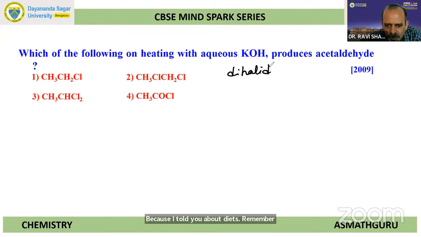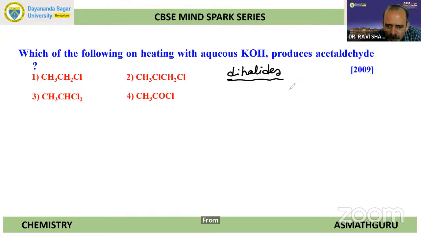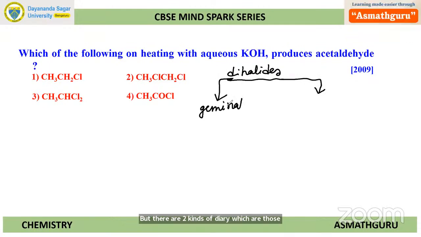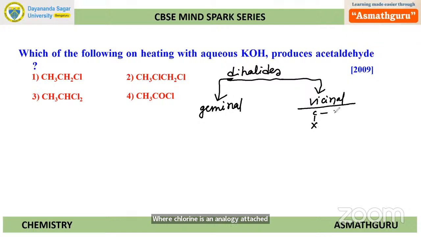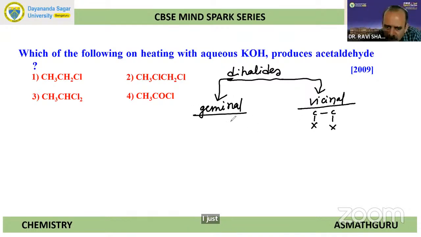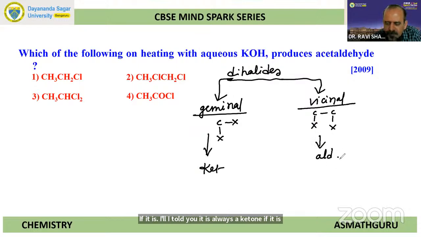From dihalides we can obtain aldehydes and ketones, is it not? But there are two kinds of dihalides. Which are those? One is geminal and the other is vicinal. What is vicinal? Where the halogen is attached to adjacent carbons. What is geminal? Where both halogens are attached to the same carbon. If it is geminal, I told you, it is always a ketone. If it is vicinal, it is always an aldehyde.